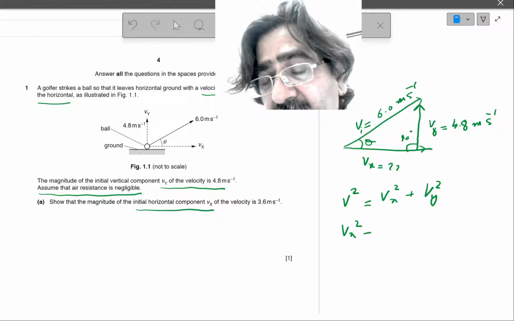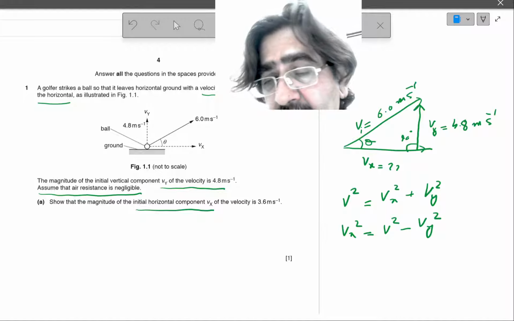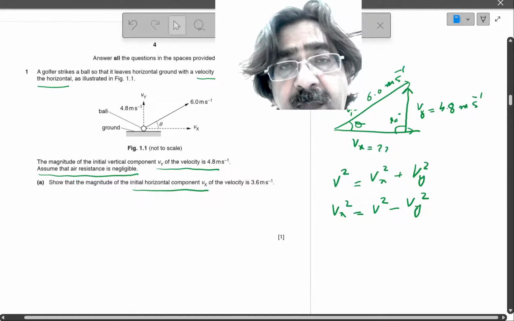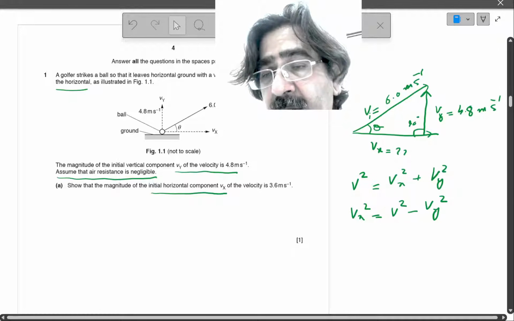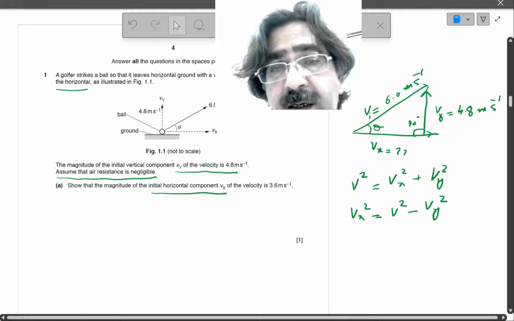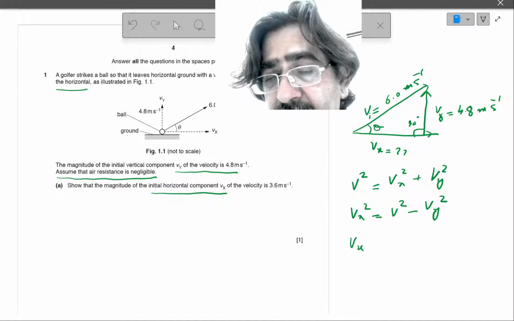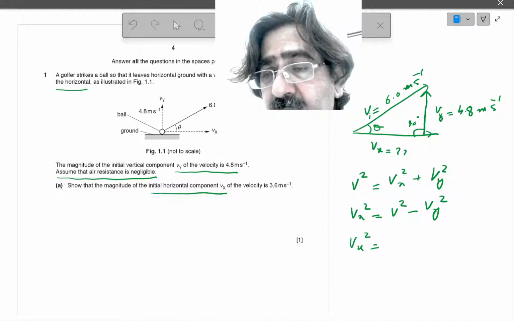Vx squared will be equal to v squared minus vy squared.